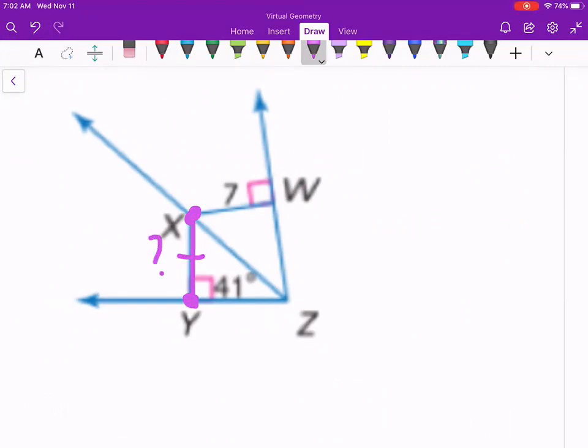So it needs to be congruent from that point to the other side of my angle, and there's my right angle. Those two lengths are supposed to be the same. So I should be able to take that same 7 and copy it over because they're congruent.